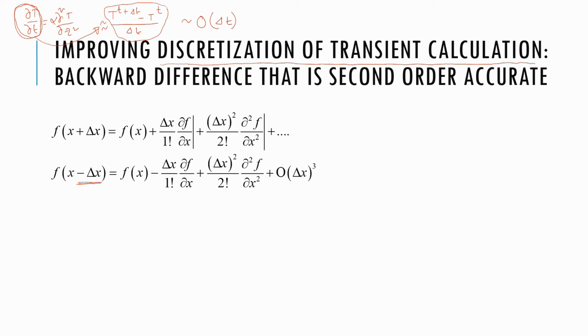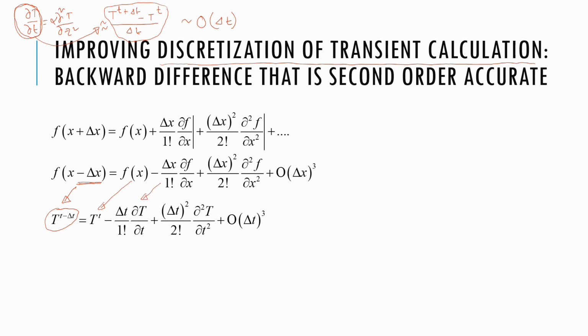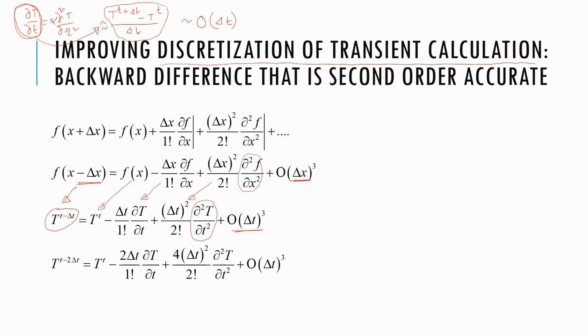If I use this to write in terms of the function being temperature, T at t minus delta t is equal to T at t minus delta t over factorial 1 del T del t, plus delta t square over factorial 2, and instead of del square f del x square, I write del square T del t square, and the rest of the terms, just like here we wrote delta x cube and so on, of the order of delta x cube. Here it's delta t cube.